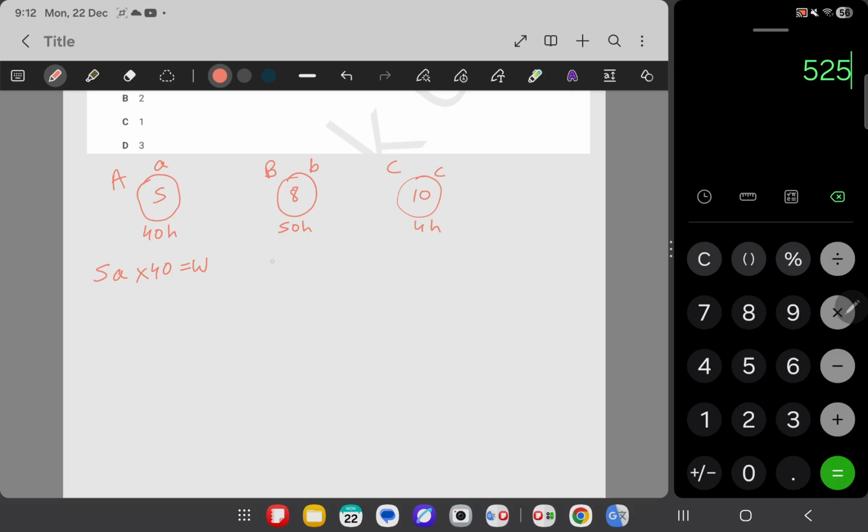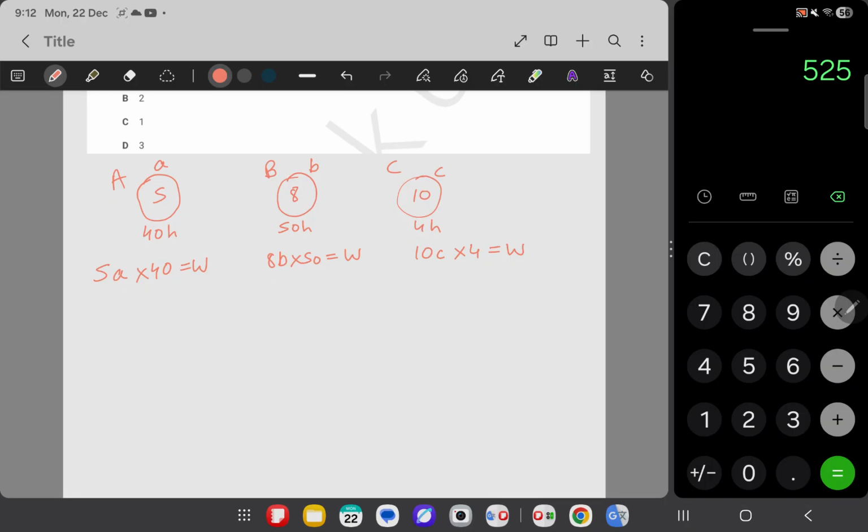Similarly here, 8B into 50 equals W, because the total work is the same. Here 10C into 4 hours equals W. Okay, I will get the relation in ABC.